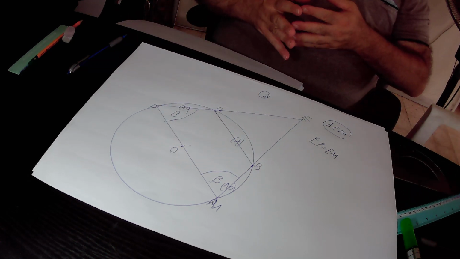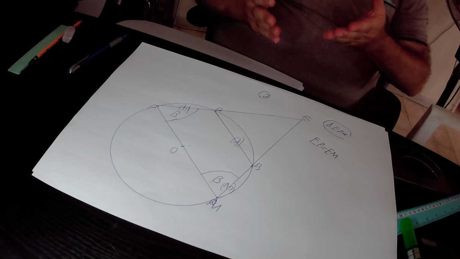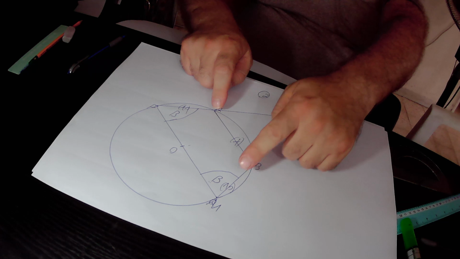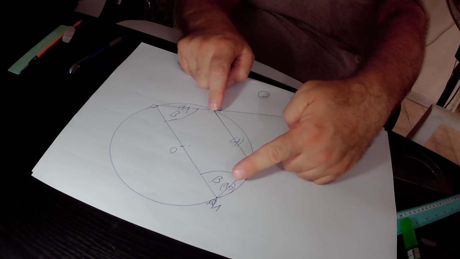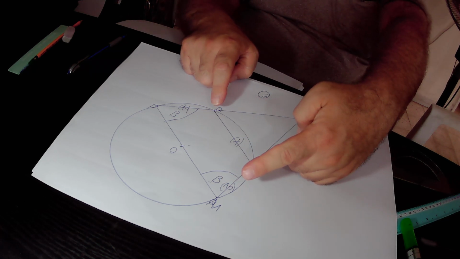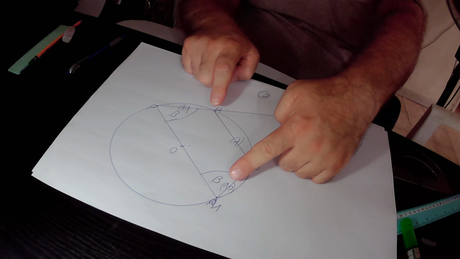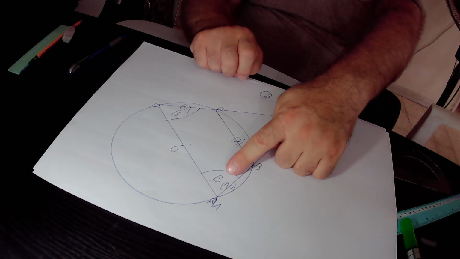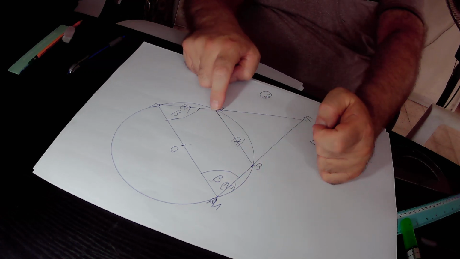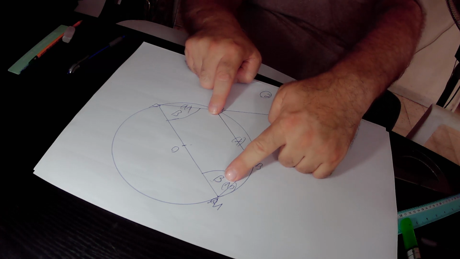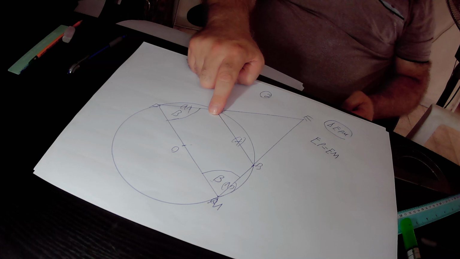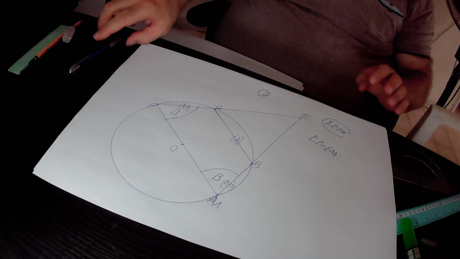Therefore, according to rule 16, the sum of its two opposite angles is equal to 180 degrees. Those are the two opposite angles of this quadrilateral QBMP. Therefore, the sum of those two opposite angles must be equal to 180 degrees according to rule 16. This is angle beta, so angle beta plus the size of this angle, in total the sum of those two angles must be equal to 180 degrees. Therefore, this missing angle must be equal to 180 degrees minus beta.